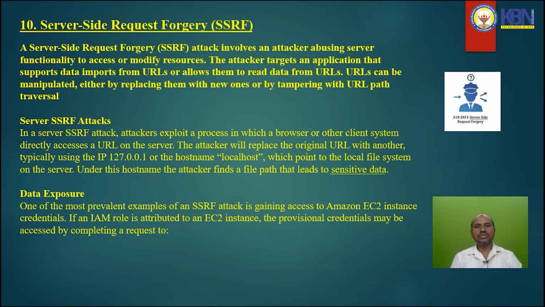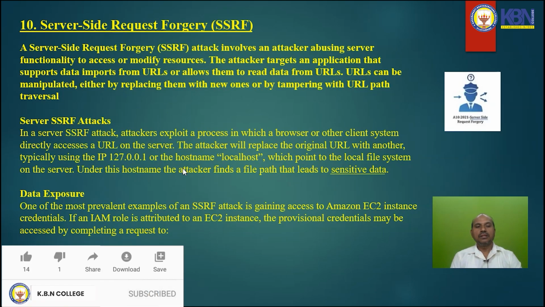Server-side request forgery attacks involve abusing server functionality to access or modify resources. Any URL the server supports can be abused to execute and run through the website, which is the SSRF attack. When you update the URL, the program changes automatically, so it cannot be accessed.